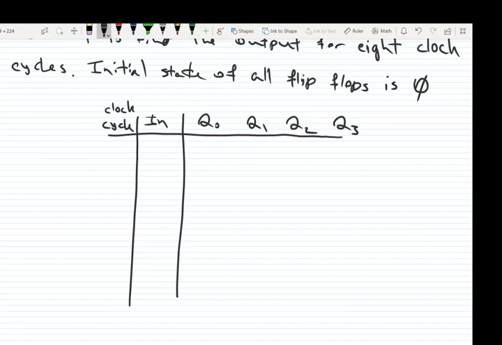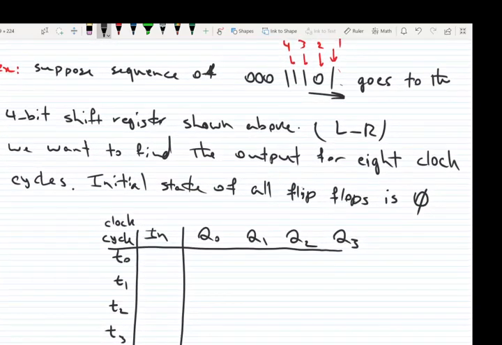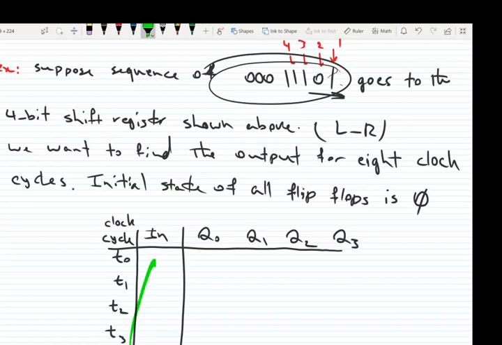So clock cycle T0, T1, T2, rising edges, T3, T4, T5, T6, and T7. Okay, the input, we need to copy this data in this column. In which order?